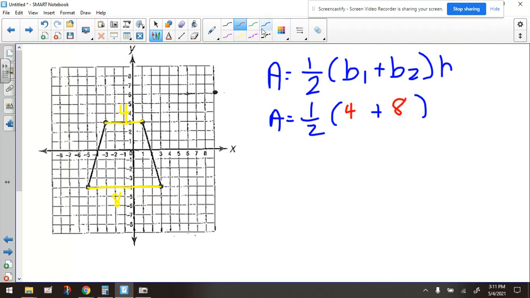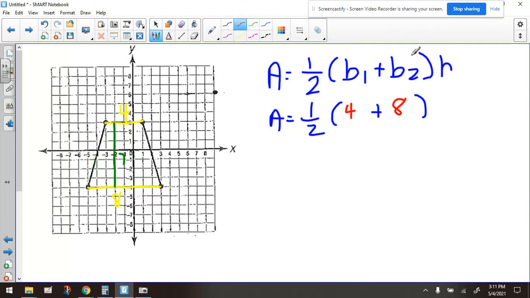Now the height, recall, has to be perpendicular to the bases. So we have to choose a spot to start counting. How about we start counting right here? 1, 2, 3, 4, 5, 6, 7 would be the height. And remember that number, we can slide that anywhere we want. Sometimes you even see it on the outside, but 7 is the height.